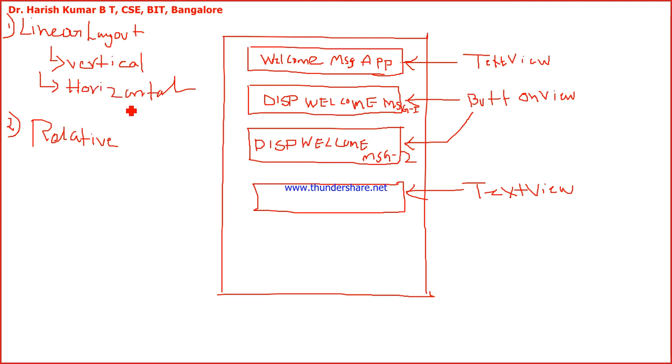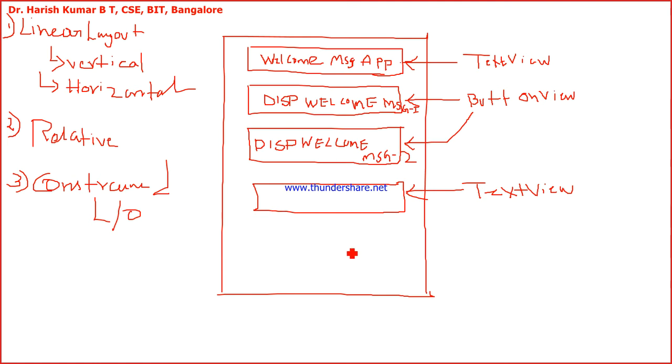The third is constrained layout. By default, whenever you create any mobile application in Android Studio, the default layout chosen is the constrained layout. Later you can change it either to the relative layout or to the linear layout.